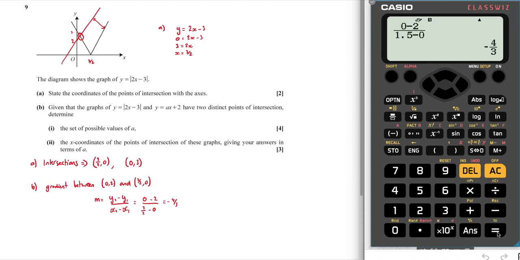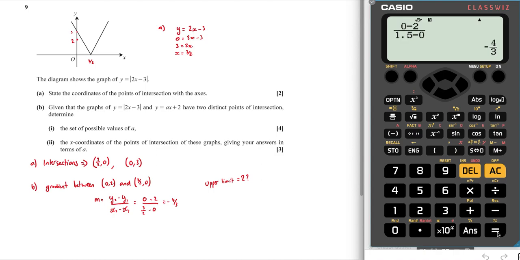So 2 seems to be an upper limit there, because if I go any steeper than that, like that for example, that is just going to continue moving away, so we'll have the one intersection. So it looks like we have 2 as an upper limit. And I suspect that's the one that it just says the upper limit is 2.